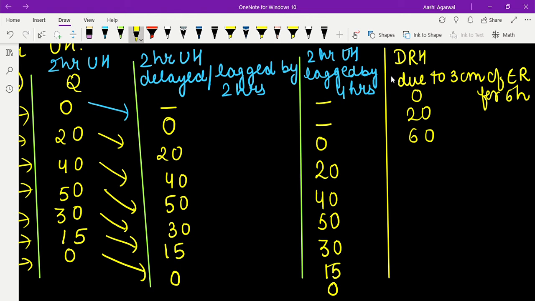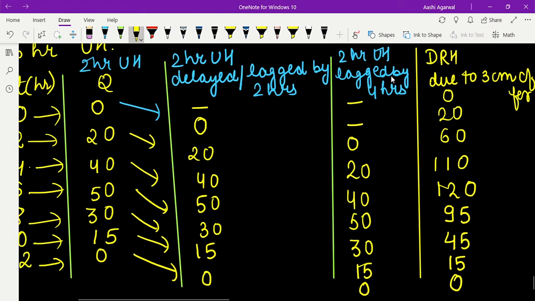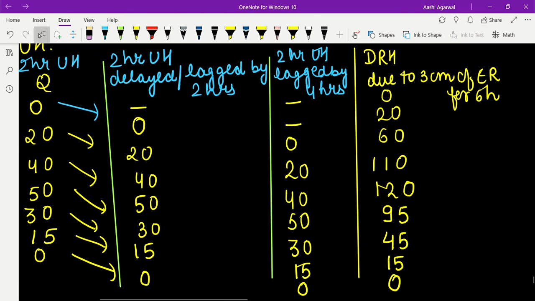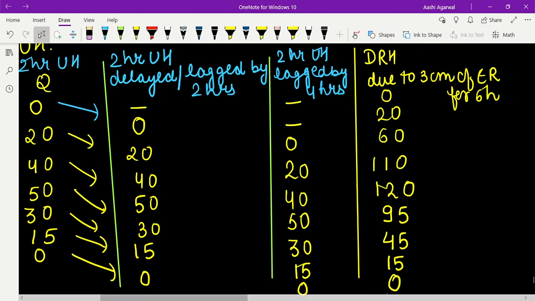So you will get 110, then 80 plus 40, it is 120, then 15 plus 30, 45 plus 50, which is 95. Then 0 plus 15 plus 30, 45. Then 15. Then 0. One more thing you see: the 2-hour UH was ending here, but the 6-hour UH will not end here. It will end after 2 more hours.